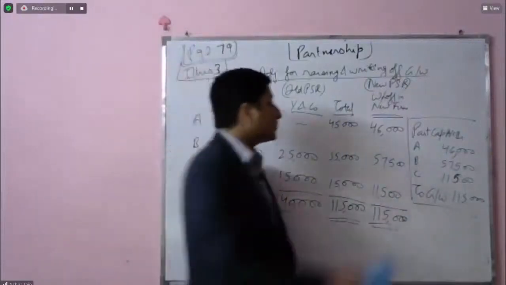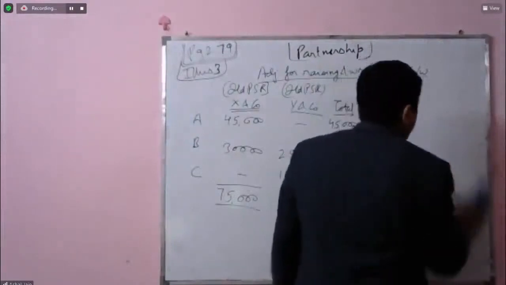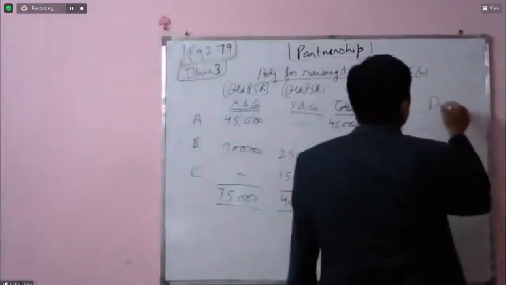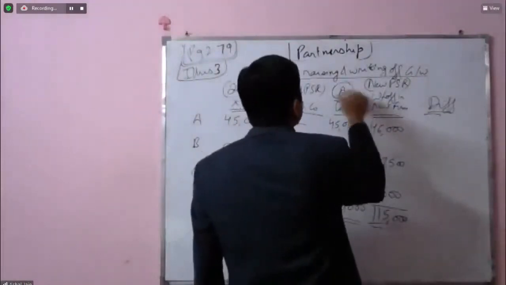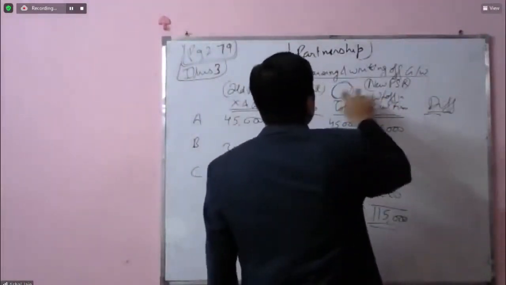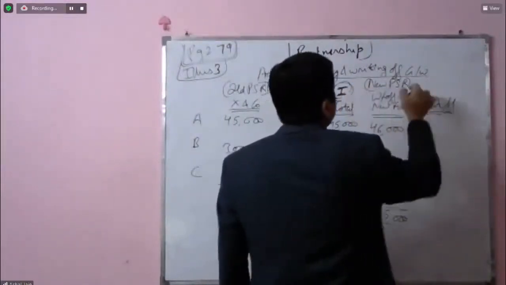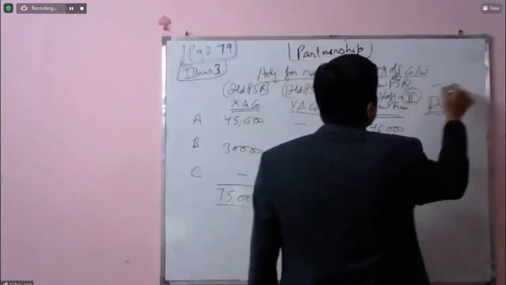So let's move on to that adjusted amounts of the partners with this goodwill amount. So what's the difference? Difference means this is A, and let me just put it as 1, and let me just put it as, say, second.